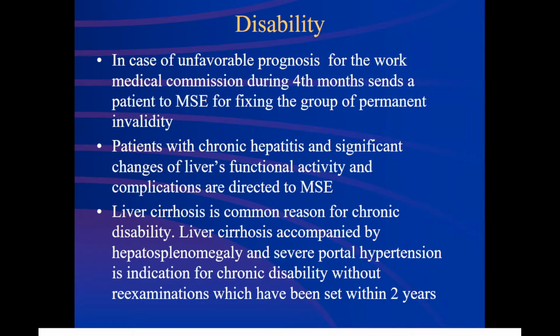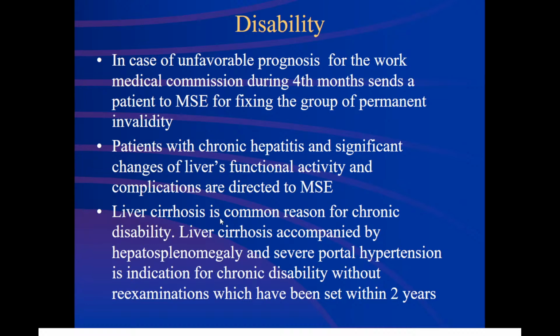In case of unfavorable prognosis for work, the medical commission during the fourth month sends the patient to medical social expertise for fixing the group of permanent invalidity. Patients with chronic hepatitis and significant changes of liver functional activity and complications are directed to medical social expertise.